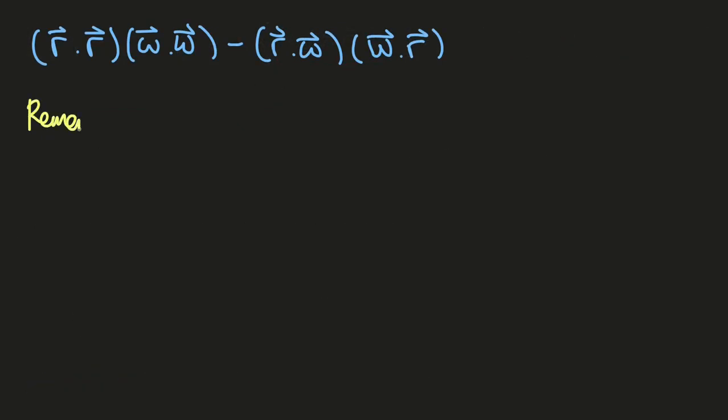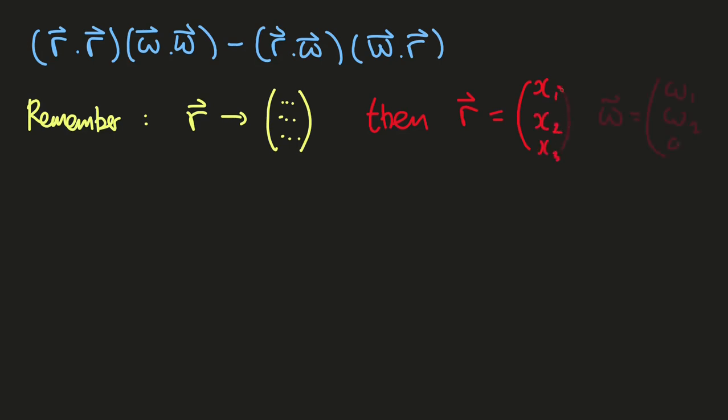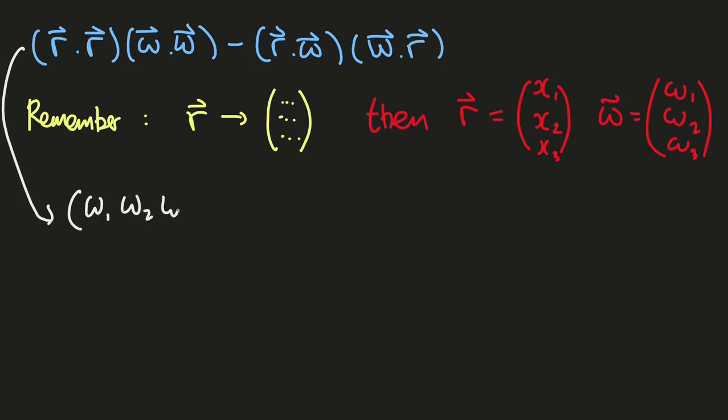Before we continue, remember that a vector, as in the previous video, can be represented as a matrix like this. So in 3D we have the R vector as a column matrix, and so on for the W vector, and the first term we can rewrite as a matrix multiplication like this.